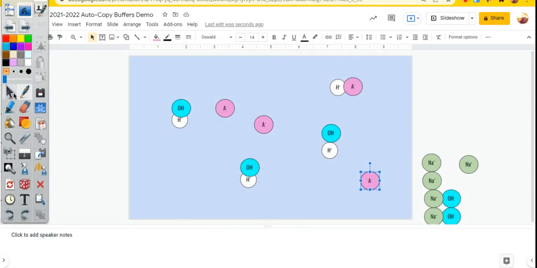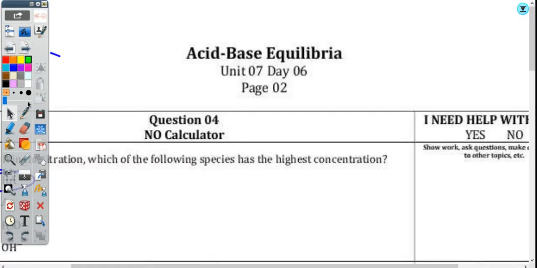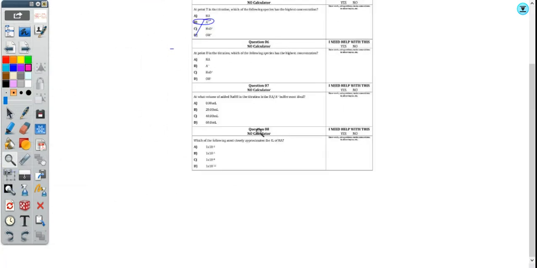In my little particle representation, I've used up all the acid, so here's my equivalence point, but U is not only at the equivalence point, but way past it. I'm going to have to add a bunch more hydroxide. So it's just loads and loads of hydroxide at that point. And so we've got lots of hydroxide here, and that's going to be our answer to this next question.